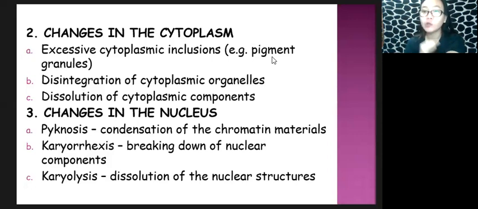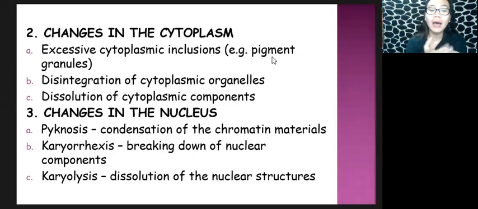If the proliferation is abnormal, then do not expect to produce normal cells. As a consequence of abnormal proliferation, the cells that you produce are also abnormal, and one of the abnormalities that we can see is that the cytoplasmic organelles are very susceptible to damage. That's why they undergo disintegration.